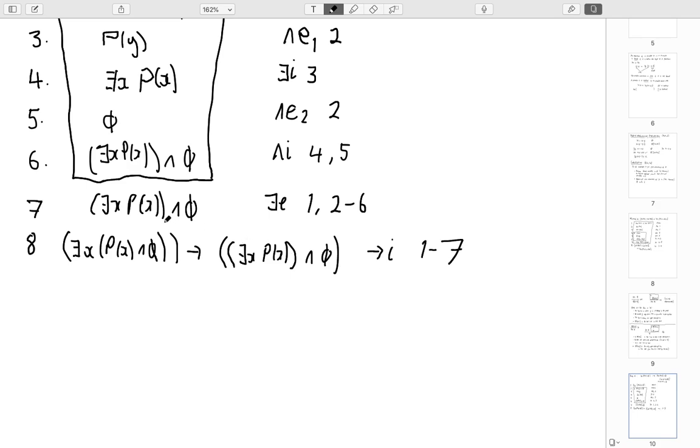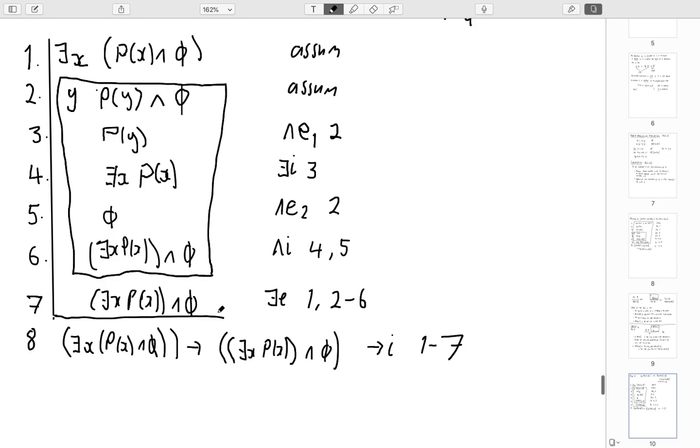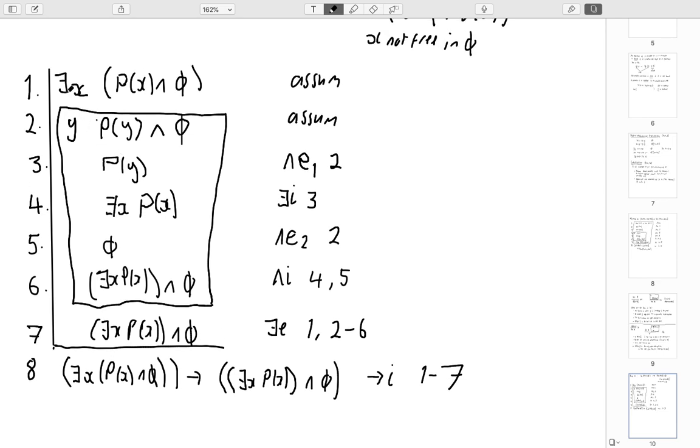And because it's an introduction rule, we discharge the assumption by closing it in a box. There we go.